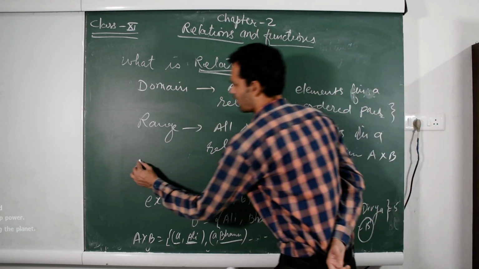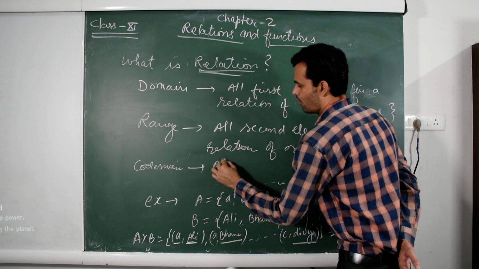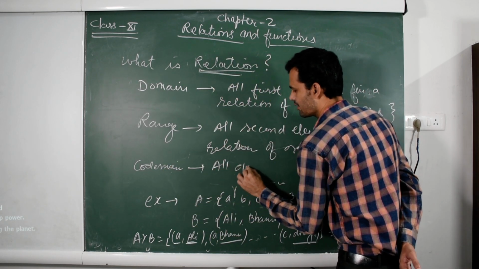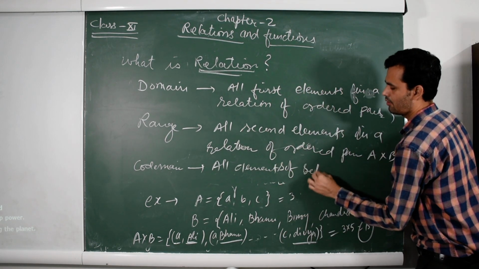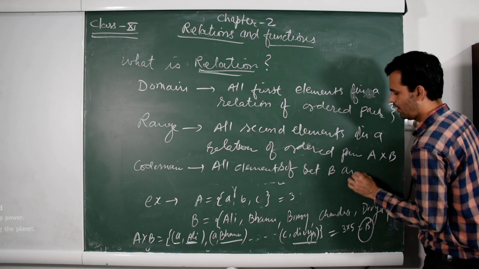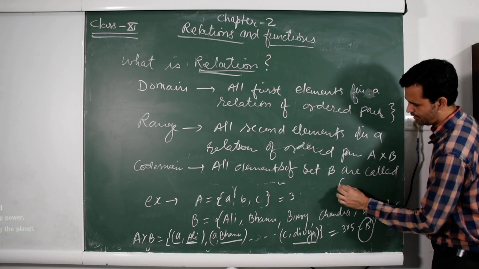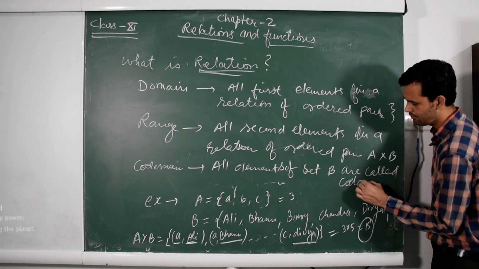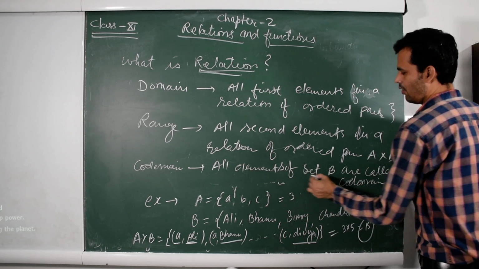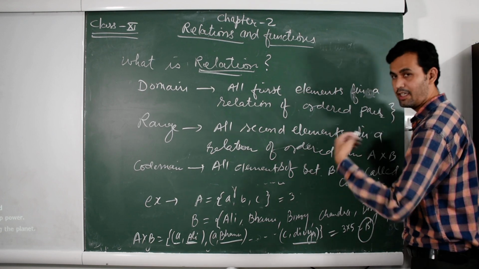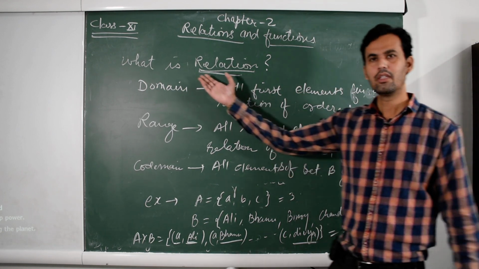And the third is codomain. All elements of set B, or set B, is called the codomain of this relation.